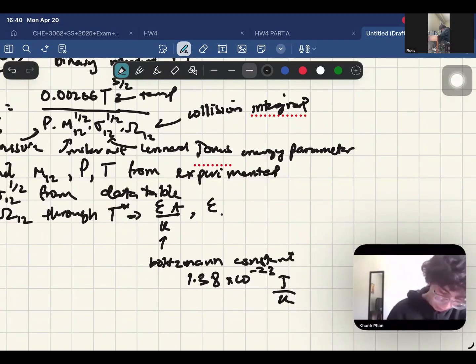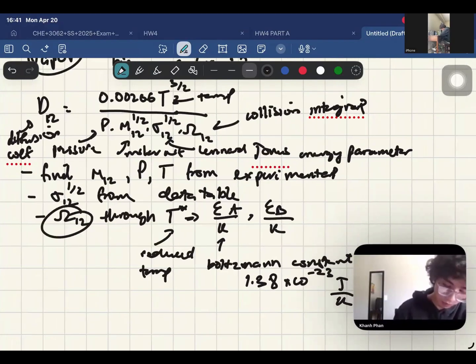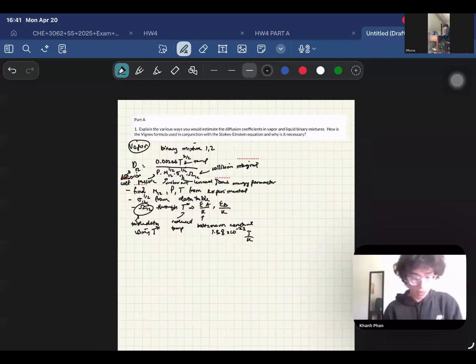And then we can take the Lennard-Jones parameter of A and B divided by the Boltzmann constant to find the reduced temperature. And when we get the reduced temperature, we can use that value to look up the table data. So that's for vapor.